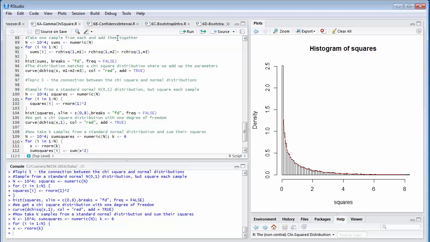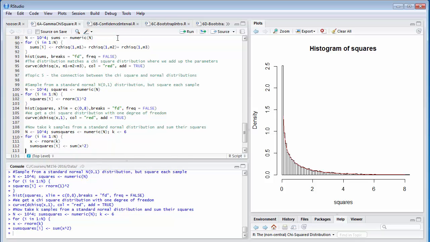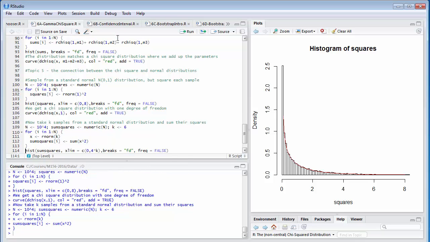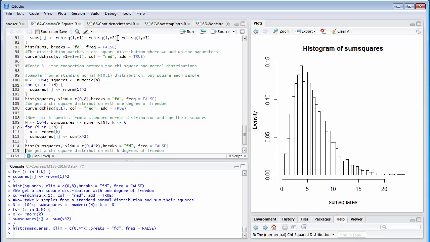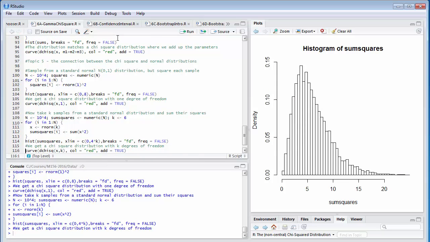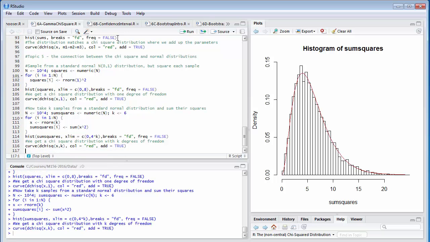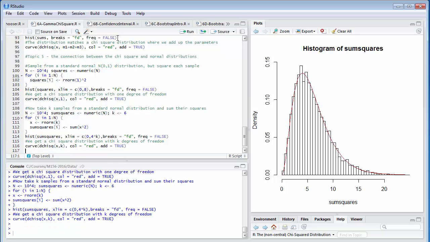Remember what that does in R. It takes this vector of 6 elements, squares each component, and then adds the result together. So we're taking the sum of 6 squares of normally generated random variables. We plot a histogram of that. It should be a chi-square distribution with 6 degrees of freedom, and indeed it is.